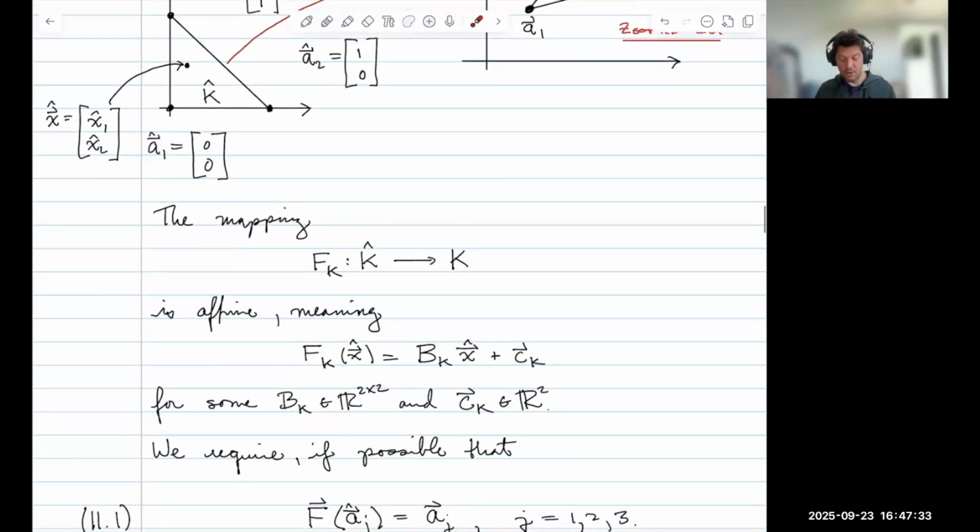It turns out I can do all of these things if I take the mapping to be of this form: to map a point, vector x hat, I multiply by a matrix BK, a 2 by 2 matrix times this 2-vector, and then I add a shift vector.